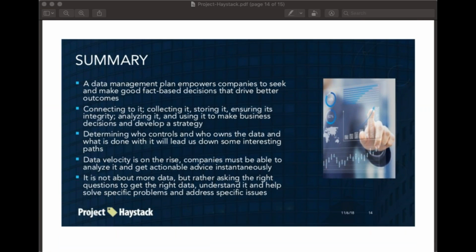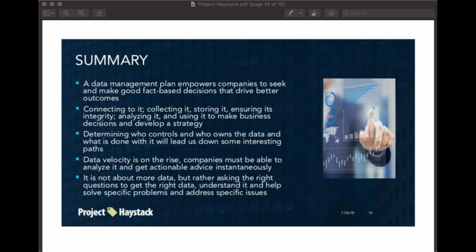So, to wrap up my prepared comments, and we really do hope we get good discussion and questions today. Data management plan, right? That's the holistic way to look at this. You need a data management plan to assess your data, put that together so that you can make fact-based decisions and drive better outcomes across all of the functional areas in your buildings.